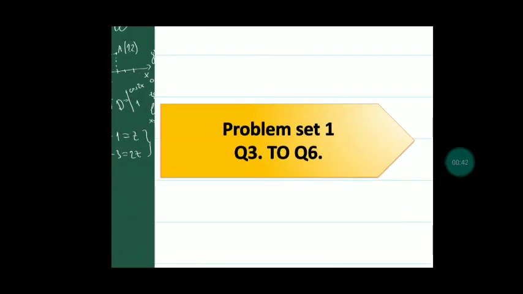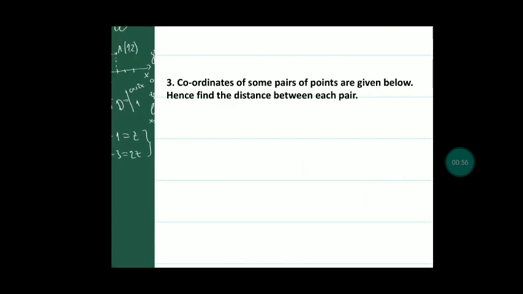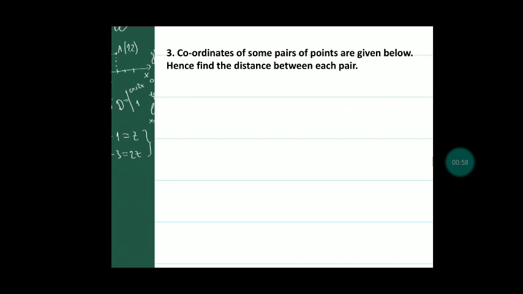So, today we are going to learn problem set 1, question number 3 to question number 6. Question number 3. Coordinates of some pairs of points are given below. Hence, find the distance between each pair.